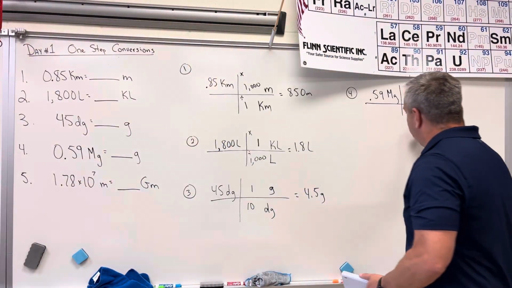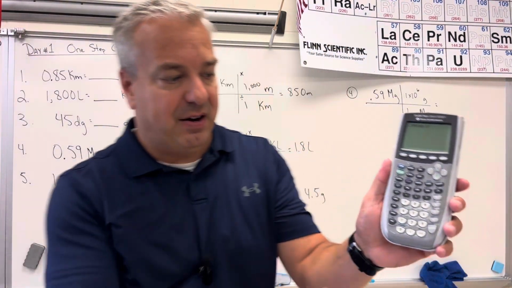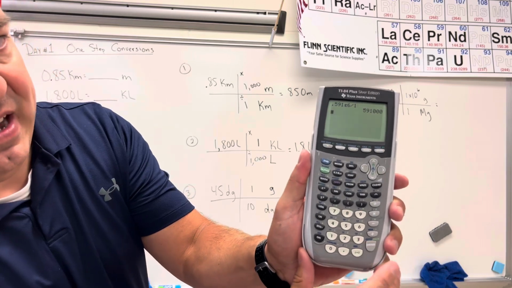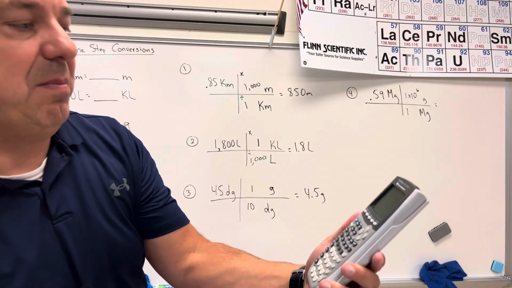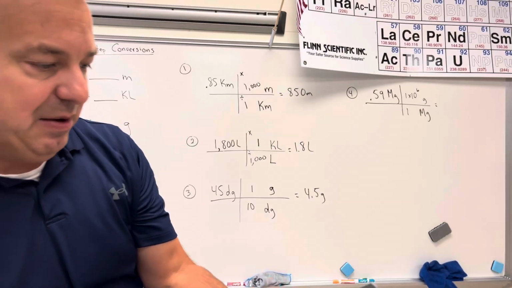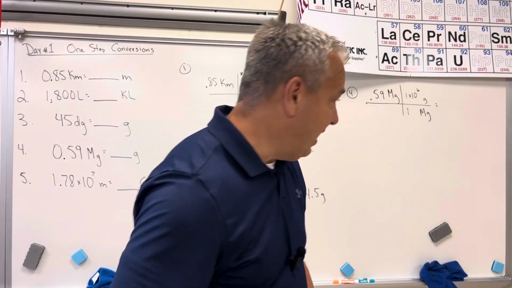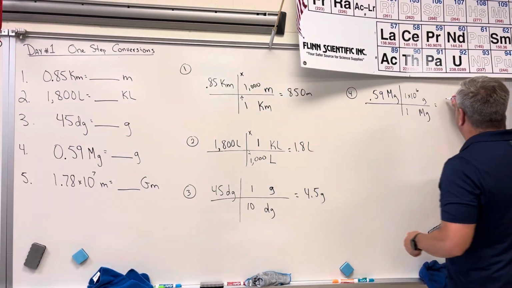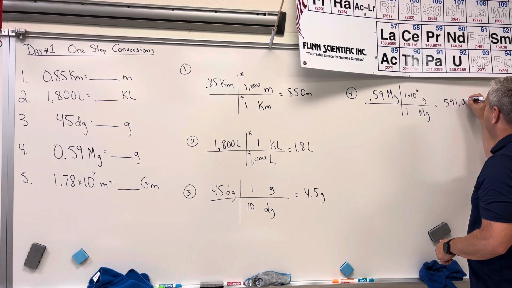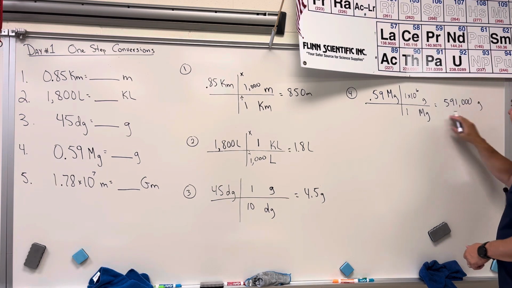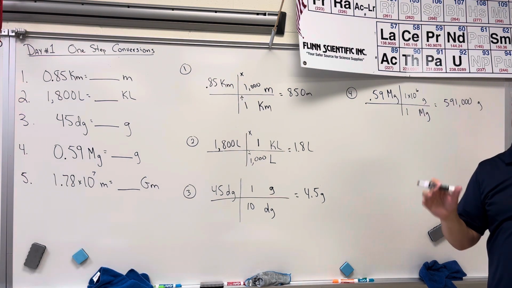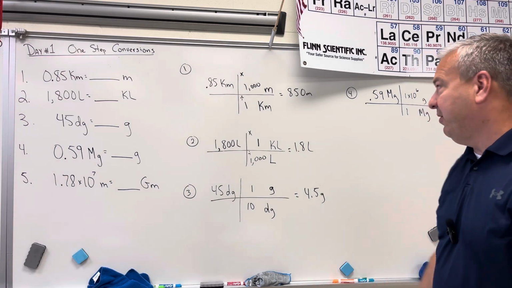So these 1s, I'm not sure how much they matter. And I'm going to hit enter. Okay, and you're going to find your answer to be 591,000 grams, which is the same thing as 0.59 megagrams.